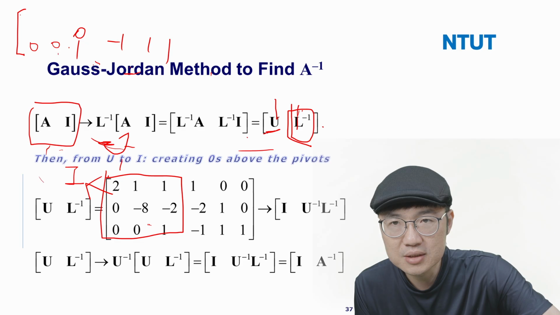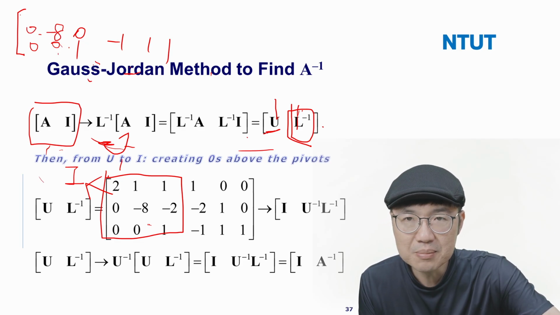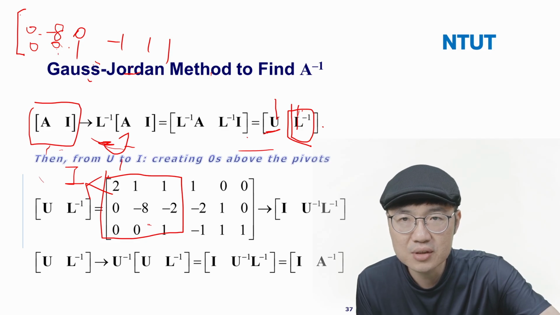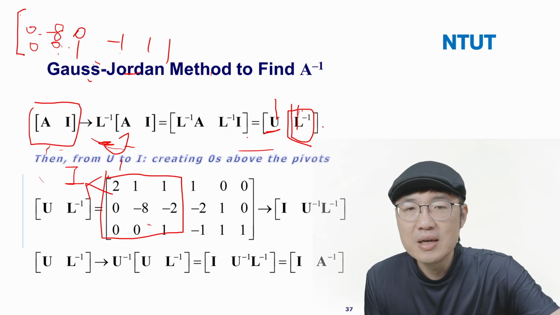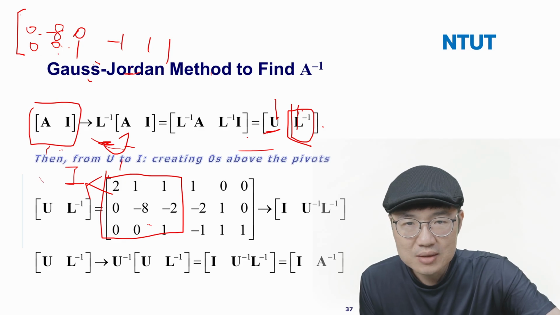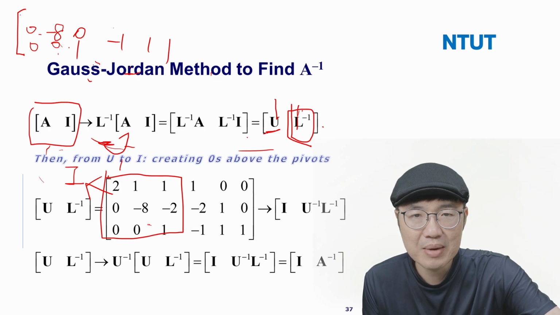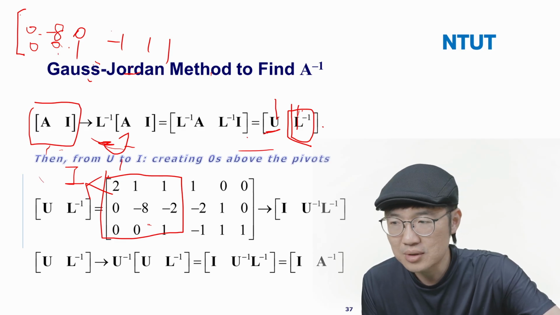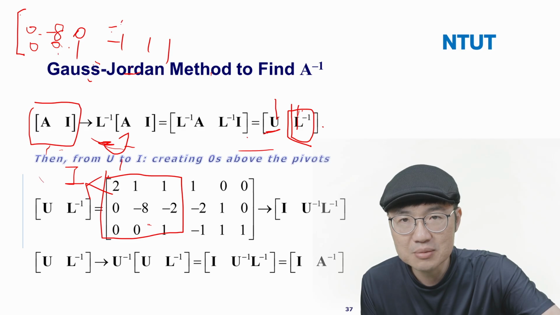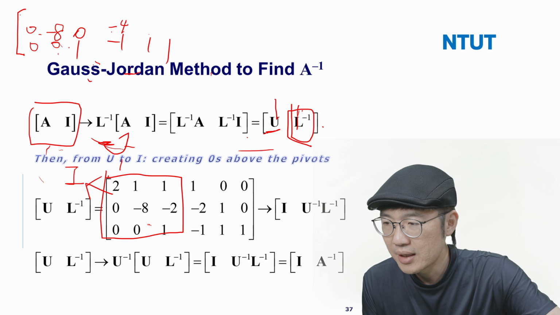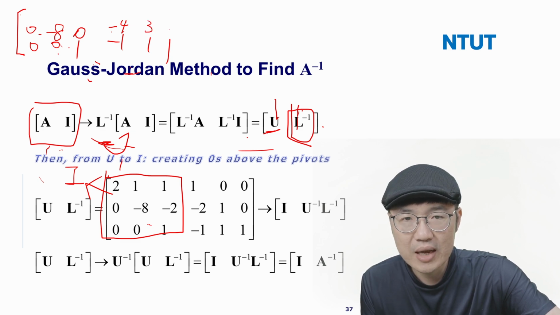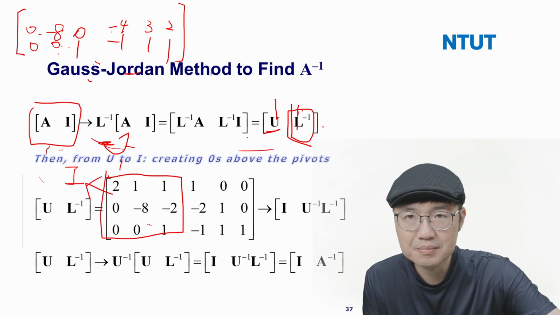So it is 0, negative 8 here, because there's nothing you can do for 0 and 0 in U. But this minus 1 changes the entry here. When minus 1 is multiplied by 2 and added to these entries, it becomes minus 4. Similarly, this 1 is no longer 1, it's 3. And this one is 2 based on your operation.